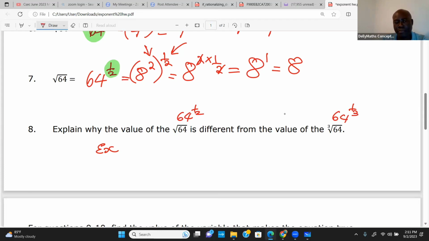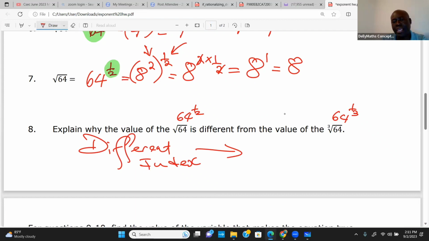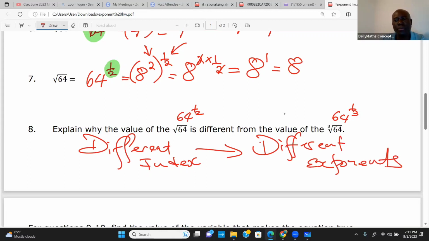So if we have different index, that simply implies that we have different exponents. That will be the huge difference between the two.